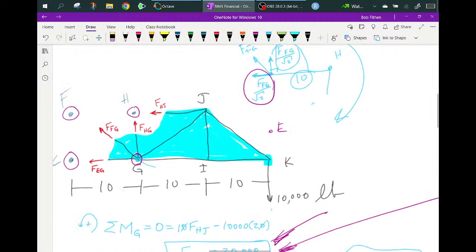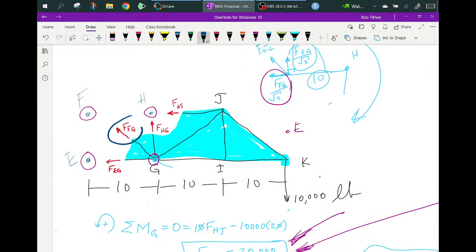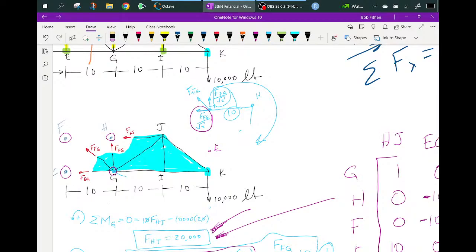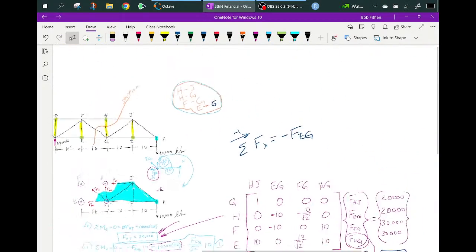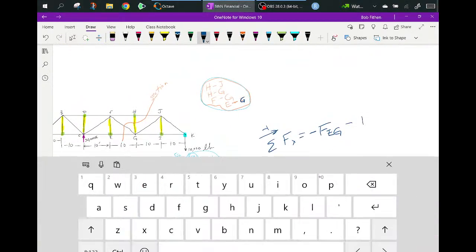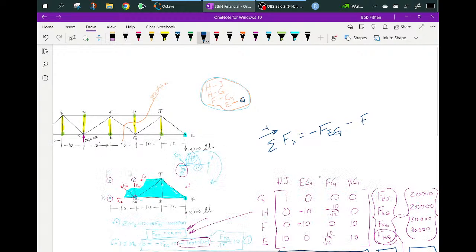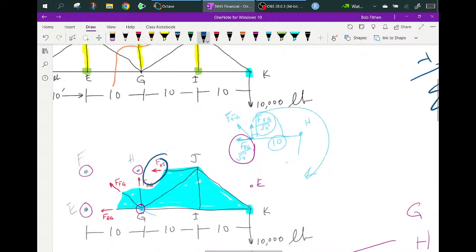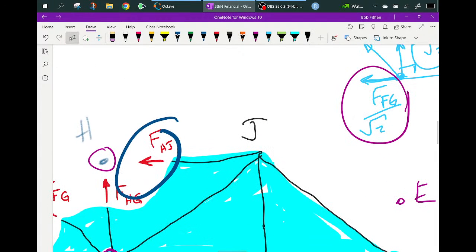The next thing is I get this FFG, and that's 45 degrees. So I get minus FFG over square root of 2. And then I get the FHJ. There's my H, and there's my J.